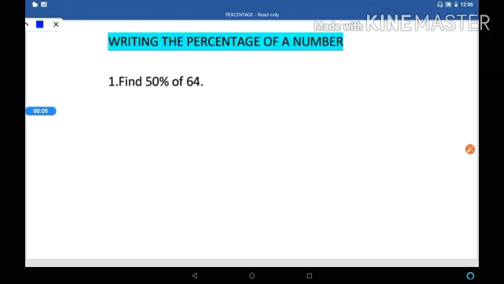Find 50% of 64. 50% is 50 upon 100, and "of" is nothing but multiplication, so 50 upon 100 into 64.